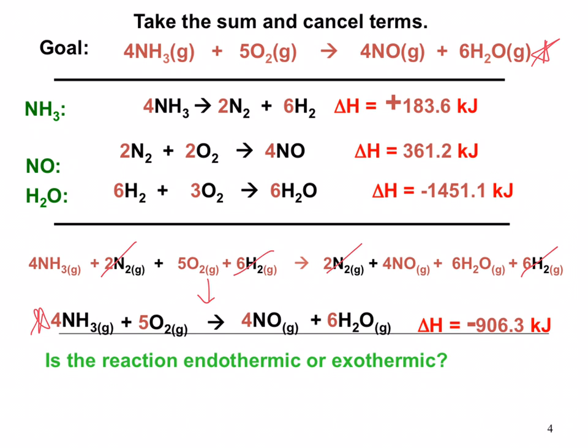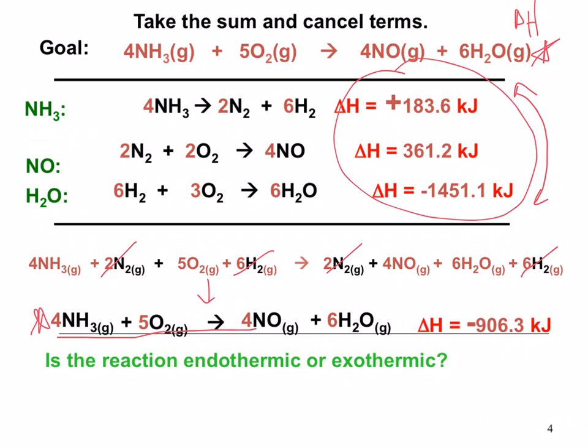So now that the thermochemical equations that were provided do in fact sum to the overall equation we're looking for, we can now use the summation of all of the delta H values that we've calculated to give us our new delta H for this specific reaction.